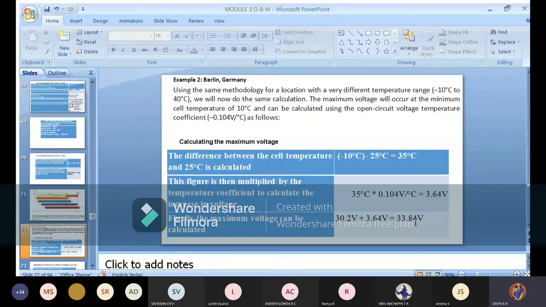This gives you the first calculation point: the maximum voltage under the minimum cell temperature condition. The first case is done, and you have to remember this as 33.84.